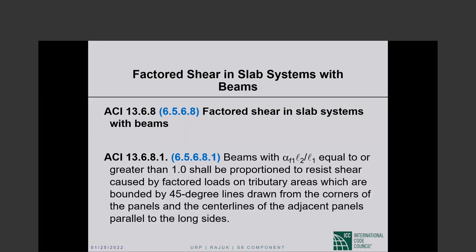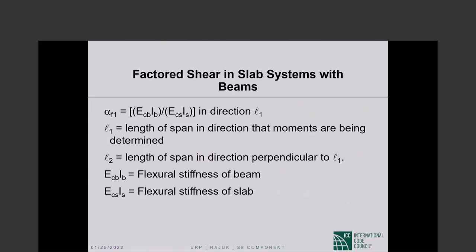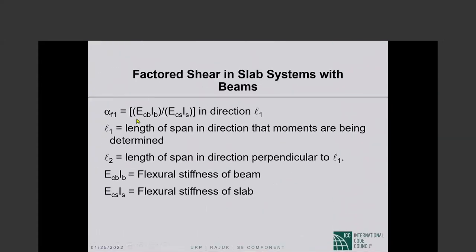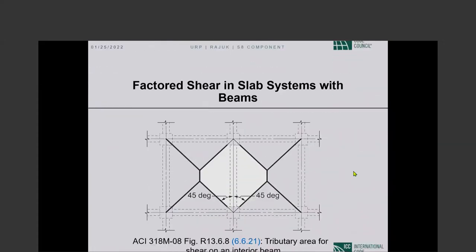So beams with alpha sub F1 L sub 2 over L sub 1 equal to or greater than 1. This alpha sub F1 we discussed thoroughly yesterday. So that means reasonably stiff beams. Beams with alpha sub F1 L sub 2 over L sub 1 equal to or greater than 1 shall be proportioned to resist shear caused by factored loads on tributary areas which are bounded by etc. etc. All this notation was explained yesterday, so I don't know that we need to spend time today.